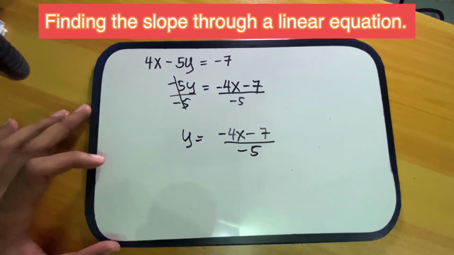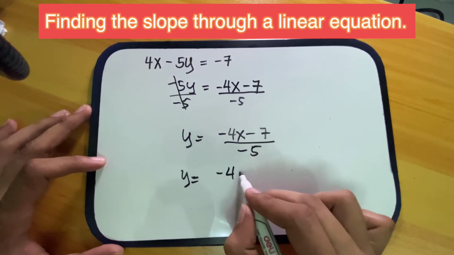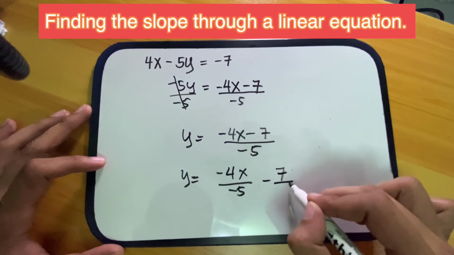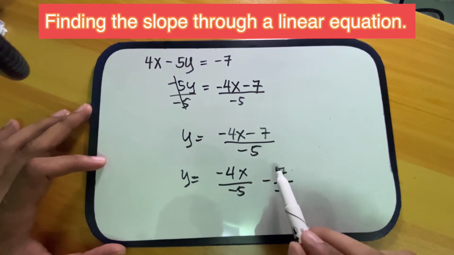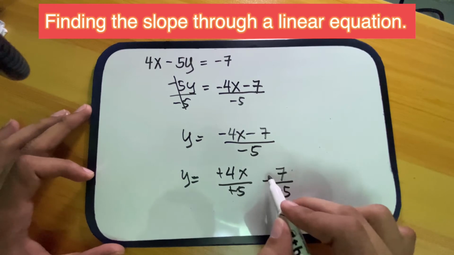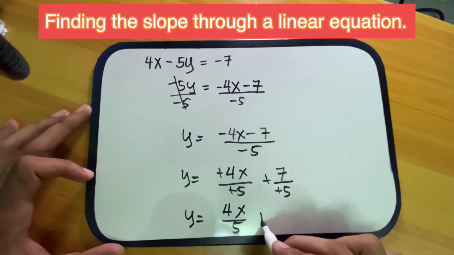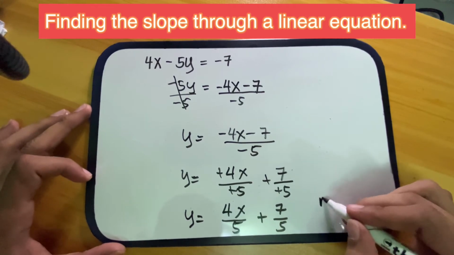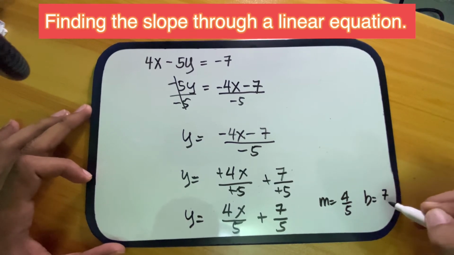Then y is equal to negative 4x over negative 5, minus negative 7 over negative 5. Both numerators and denominators are negative, so we can cancel the negative signs. So y is equal to 4x over 5 plus 7 over 5. So the slope here is 4 over 5, and our b is 7 over 5.